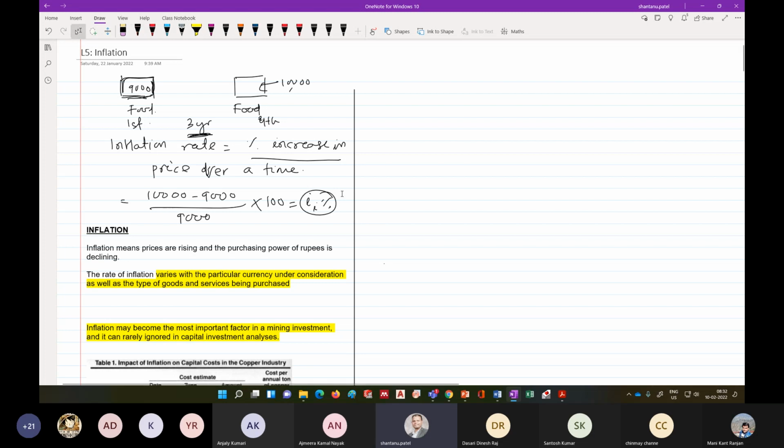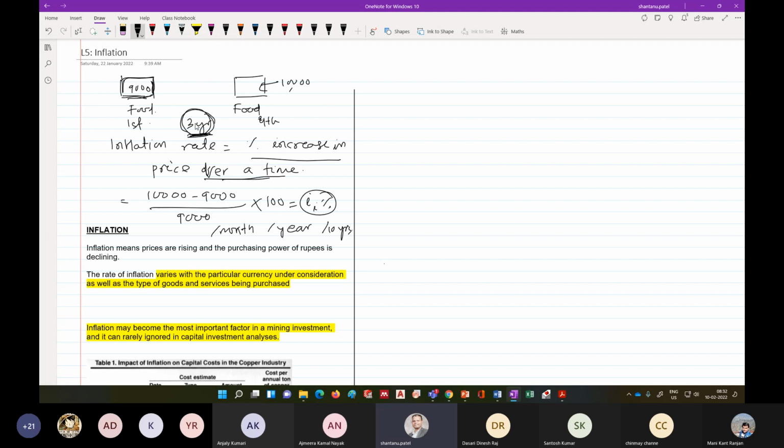So first thing is this inflation can be per month, because it's over a time. So it can be per month or per year or in 10 years, based on what time we are considering here.